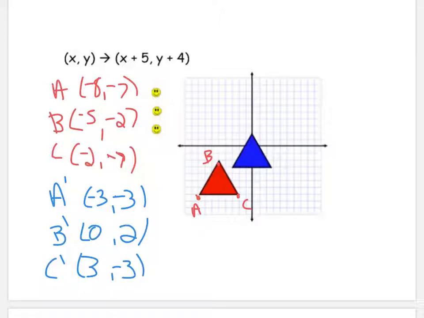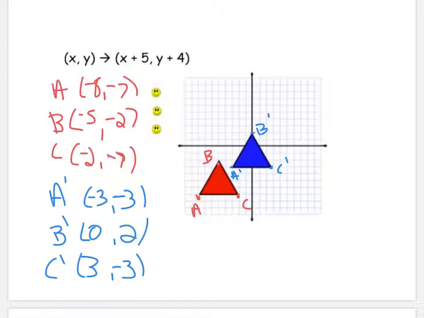So that's where our new points of the blue triangle should be. So (-3, -3) is here, so that would be A prime. (0, 2) is here, that would be B prime, and C is (3, -3), that would be C prime.